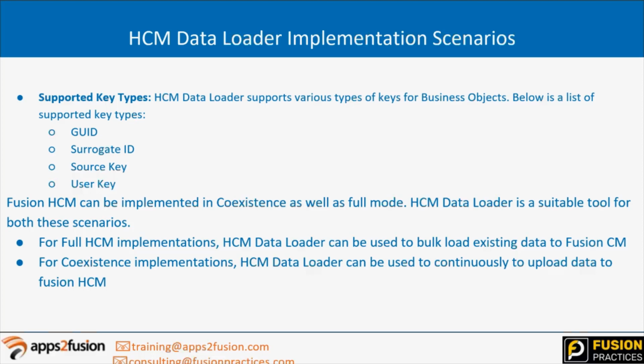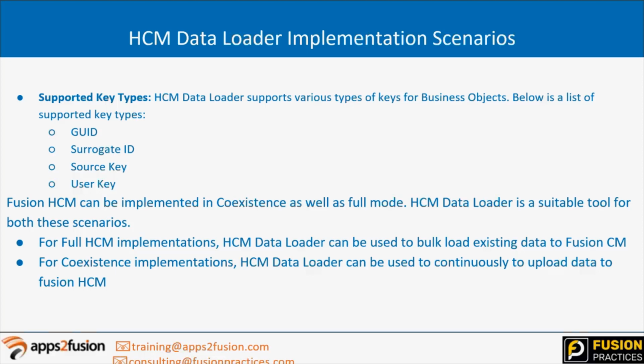When we try to move all the data to Fusion, which accepts a different format, identifying the key for each business object is a main painful job for us. But this HCL supports 4 different keys to make the job easier.